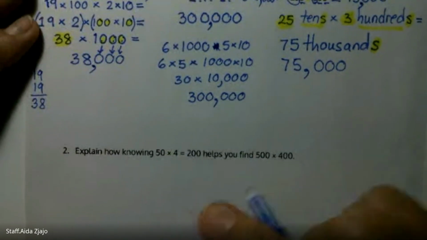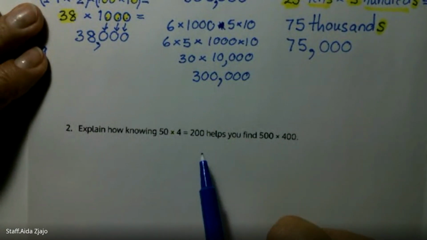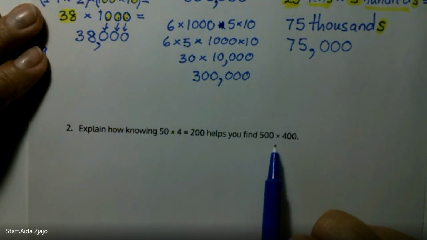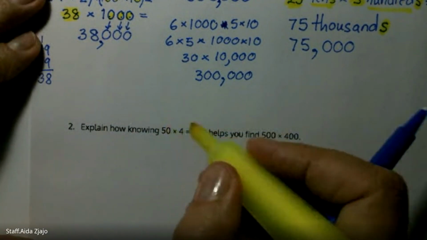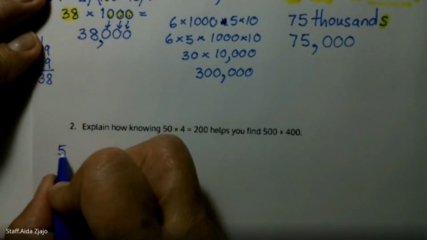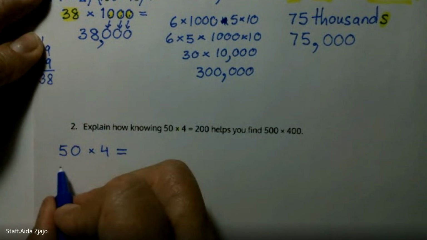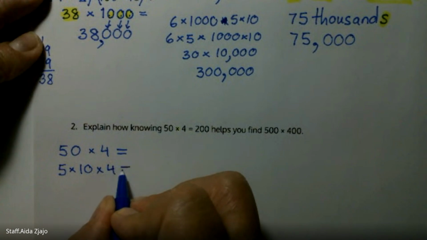Okay, now explain how knowing 50 times 4 is the same as 200 helps you to find 500 times 400. So if you have 50 times 4, 50 times 4 is the same as 5 times 10 times 4.